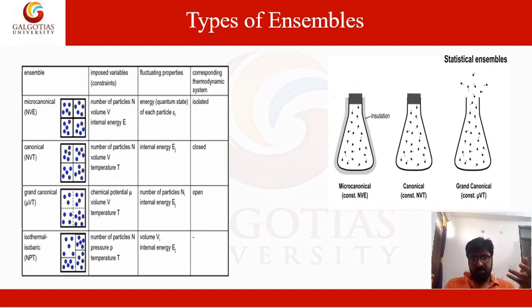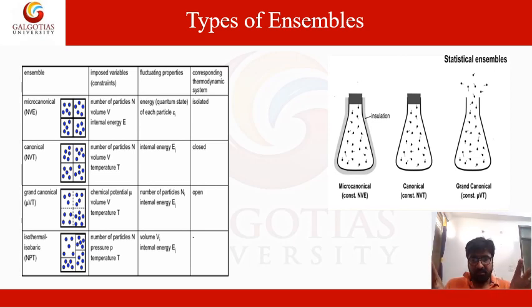For the beginning, it is good to start from this microcanonical ensemble, because things become easy and students will observe that, with time, if constraints are applied, it will convert to the canonical ensemble, then the grand canonical ensemble, and the isothermal and isobaric ensemble.